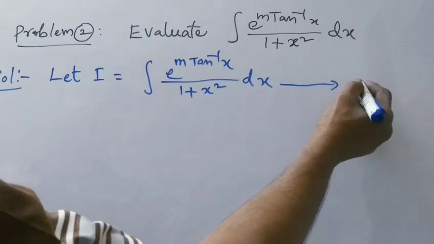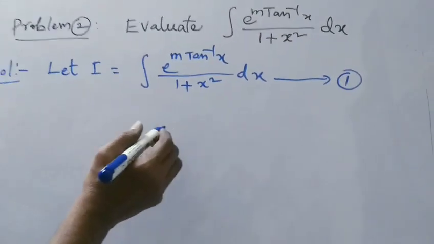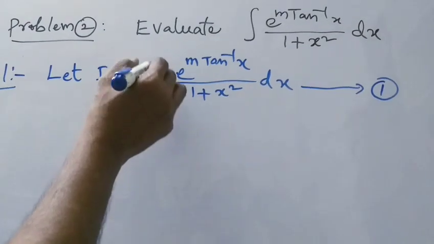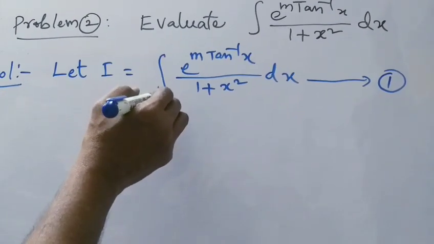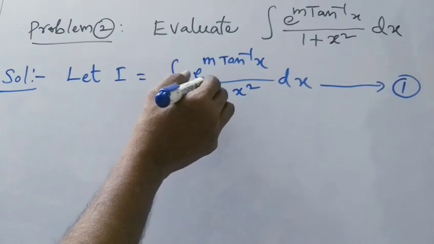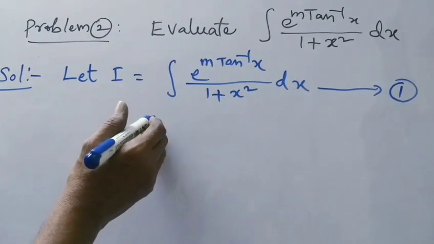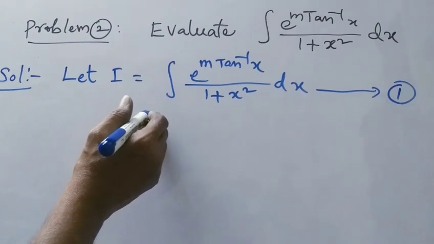It indicates 1. So we have to solve this question, the integral of e to the power of m tan inverse x by 1 plus x square dx.